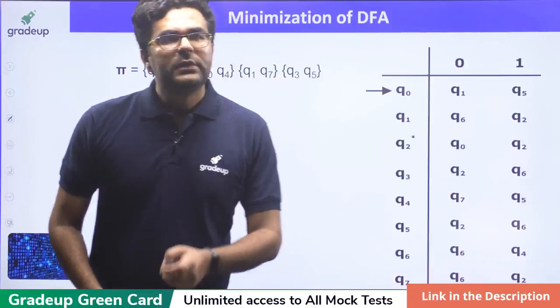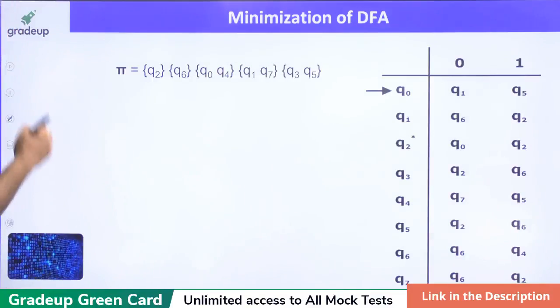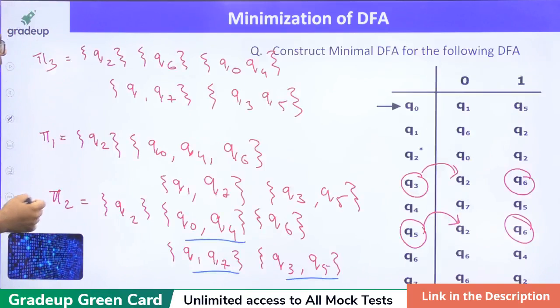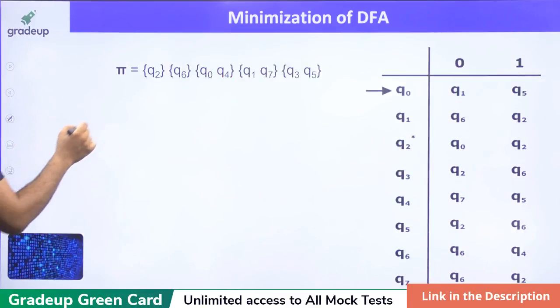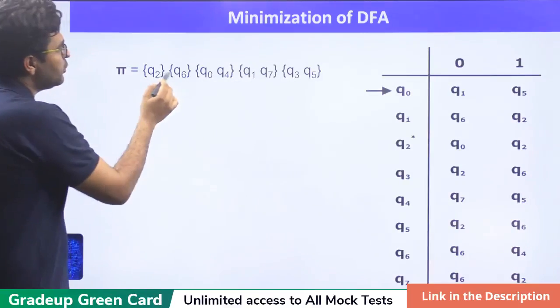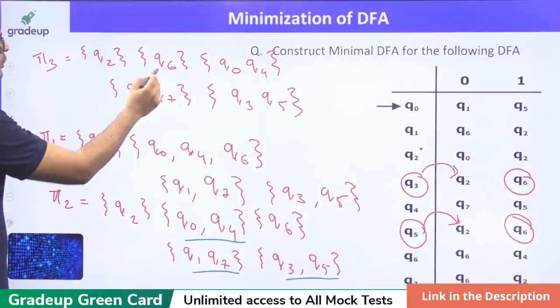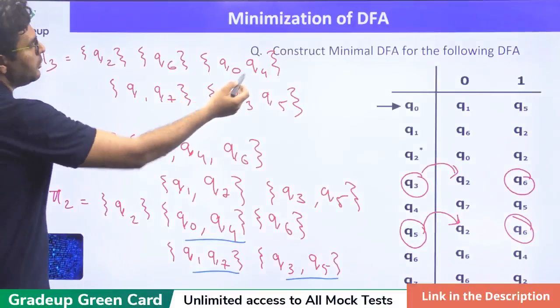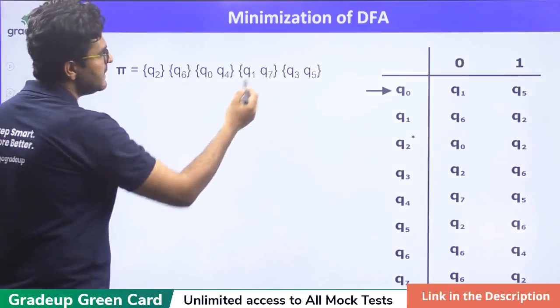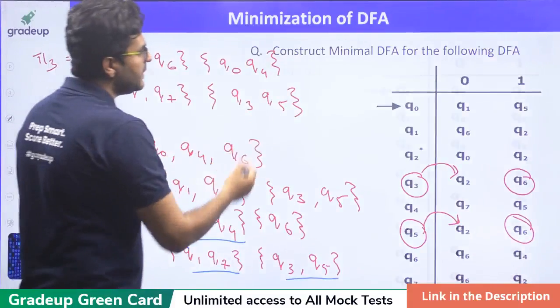Okay guys, so till now what we have figured out is the pi value. Pi value is 3, and these are the states: Q2, Q6, then Q0, Q4, then Q1 with Q7, then Q3 with Q5.